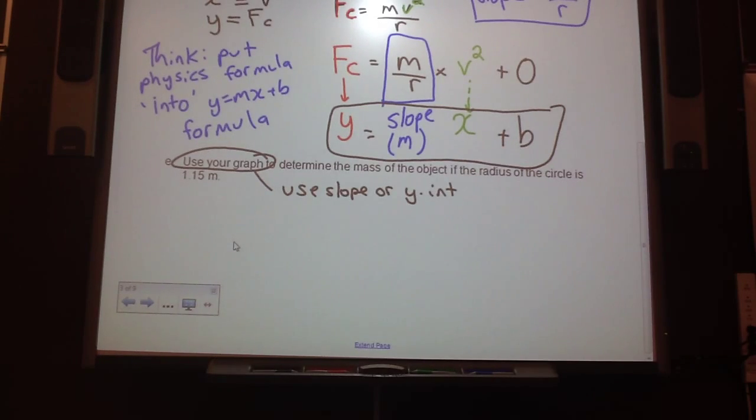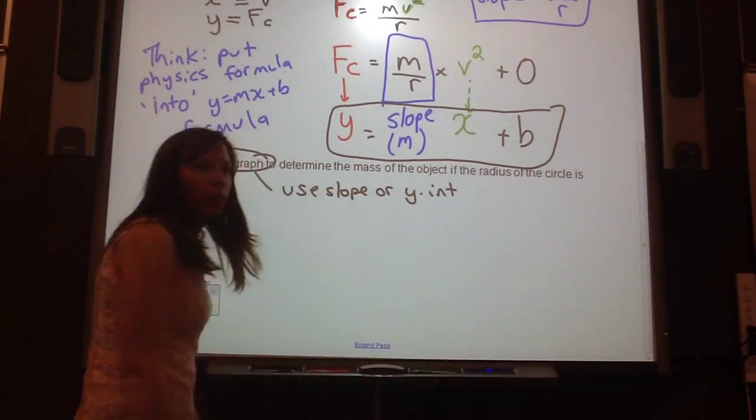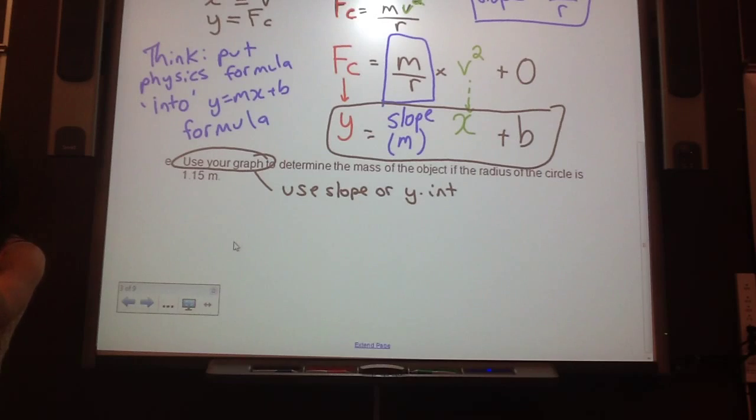And so, to find your slope, what's the first thing you need? You need 2 points. You need 2 points on the graph. Usually have them quite far apart, you don't want them super close, a good distance apart.